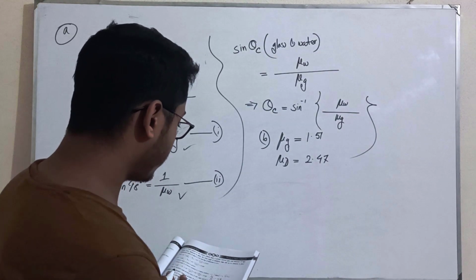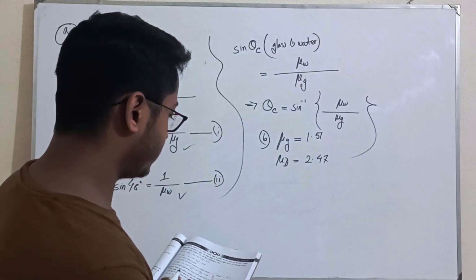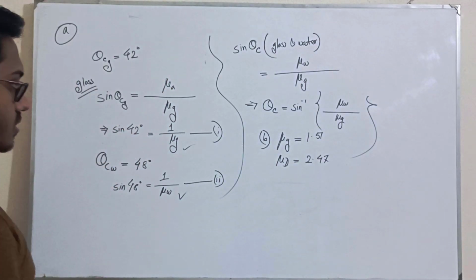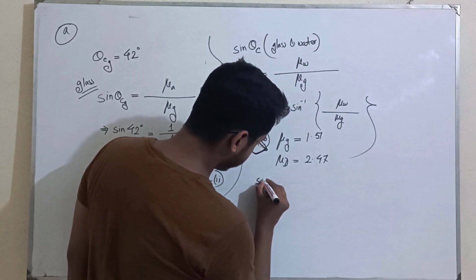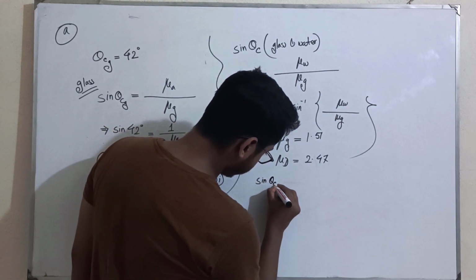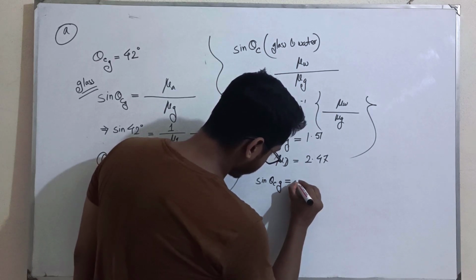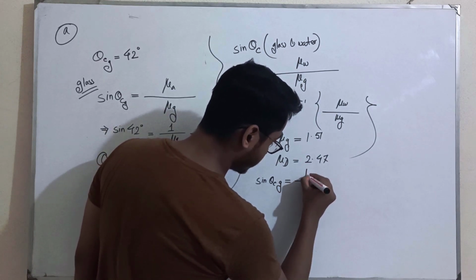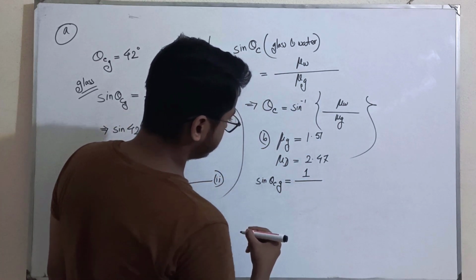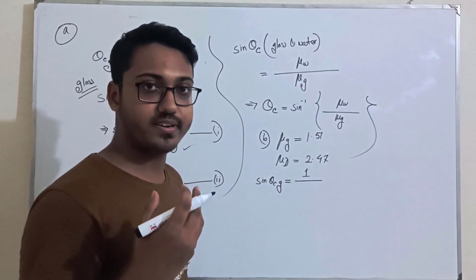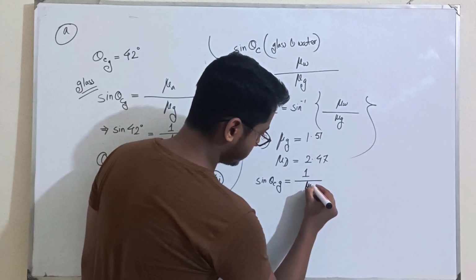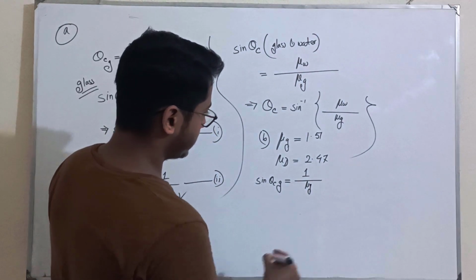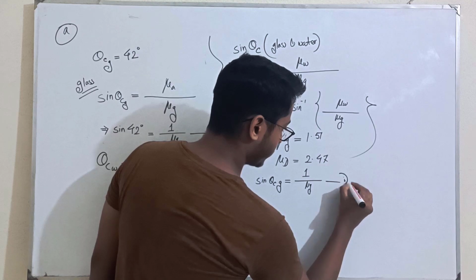So with respect to air, let's find sin theta c g is equal to the refractive index of air, which is 1, divided by the refractive index of the denser medium, which is glass, nu G. Suppose this is one equation.